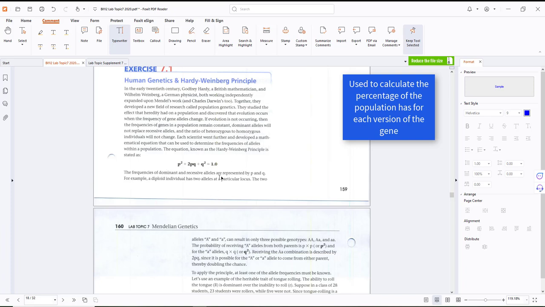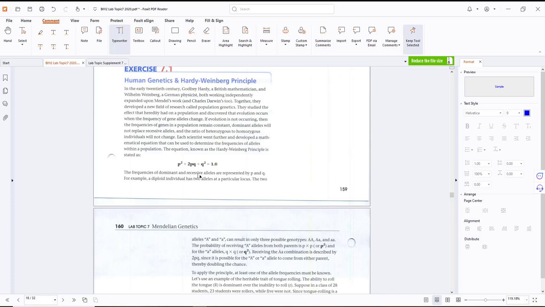So we're assuming that we have 100% of a population, and if we know how many of a population of a certain gene have the recessive phenotype, we can get an idea of what percentage might have the dominant allele, based on this formula.